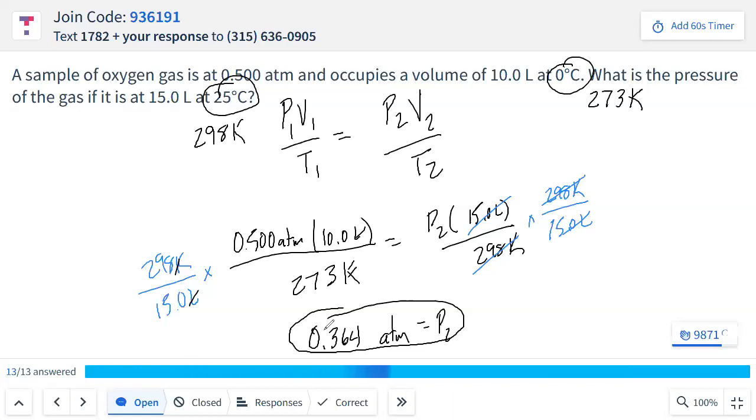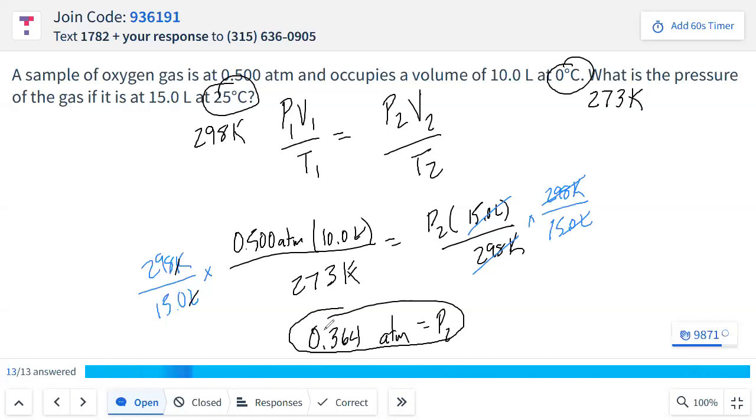So we're talking about the expansion of the container, which is going to drop pressure, versus the heating up of the gas, which would cause the pressure to increase. The expansion is going to be much more significant. That's why we saw the drop in pressure.